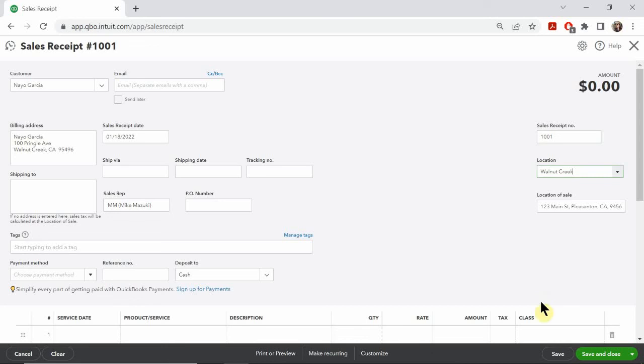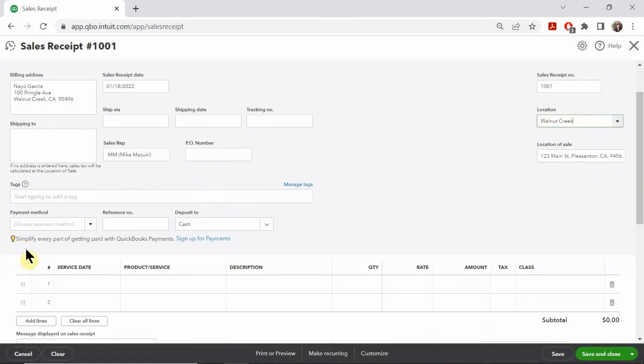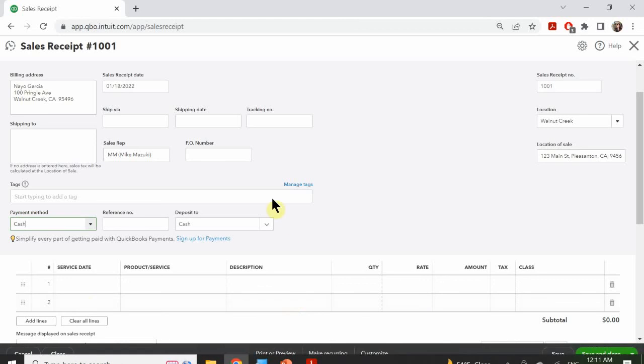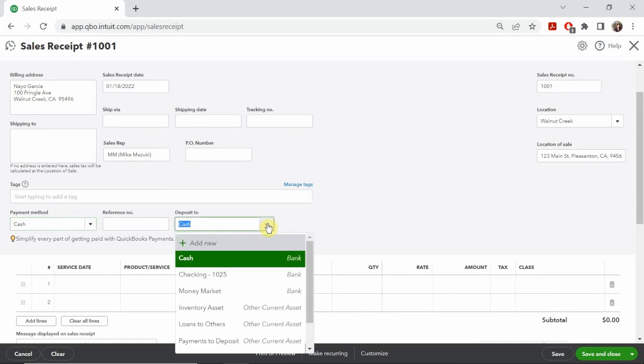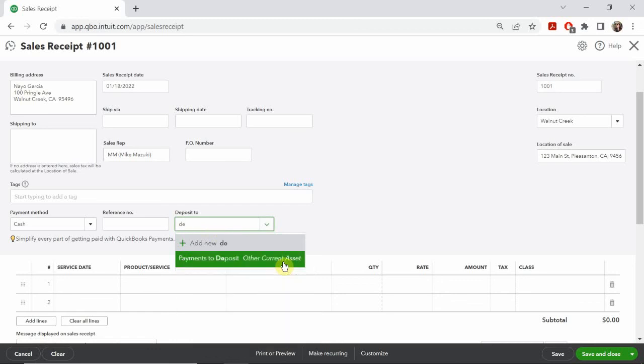And what kind of form of payment did she pay us with? She paid us using cash. So in this case, payment method, cash. And where is this payment going to go? It's going to be deposited to the undeposited funds, which is also known as your payments to deposit.